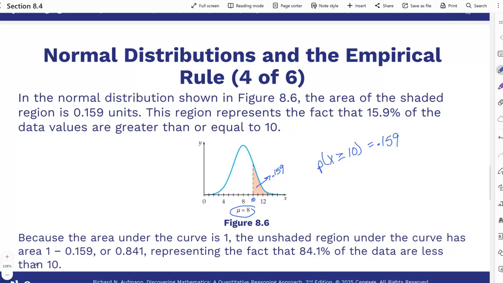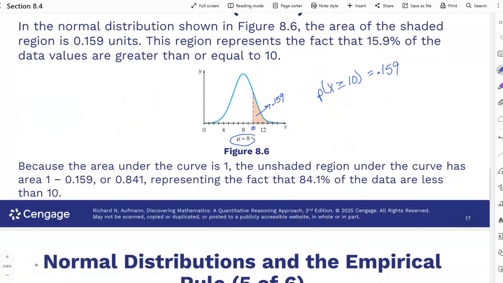Another way of saying that is that 15.9% of all the data values that are greater than 10 would live in this region. That's what that region is representing. Now, if I know this region, then I could figure out what this region is. We know that the total area has to equal 1, and I'm trying to figure out what this is.